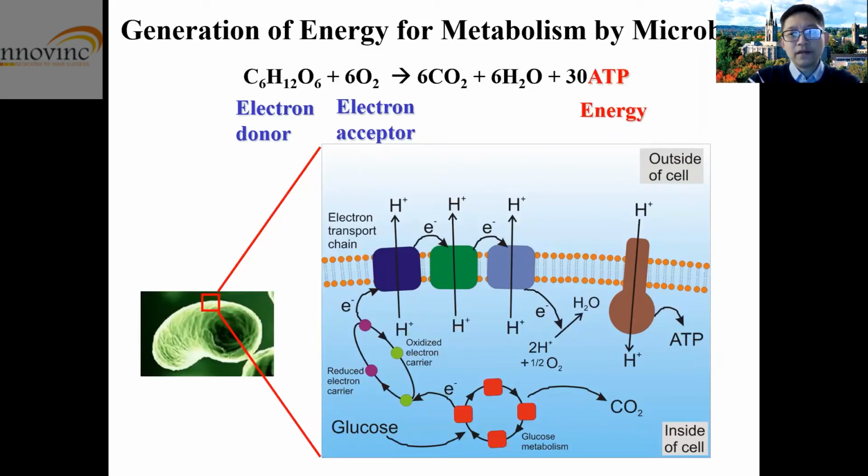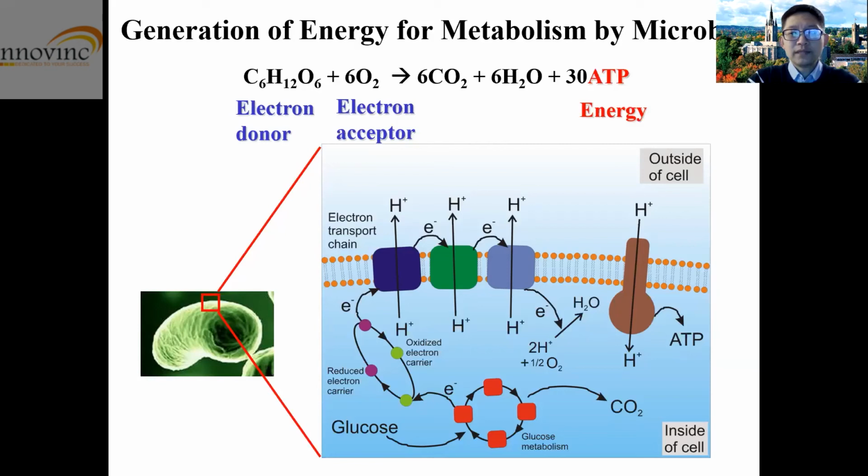Bacteria can generate energy using diverse strategies. The fundamental principle of energy generation for metabolism is based on transfer of electrons from an electron donor with lower reduction potential, also known as redox potential, through an electron transport chain to a terminal electron acceptor with a high reduction potential.